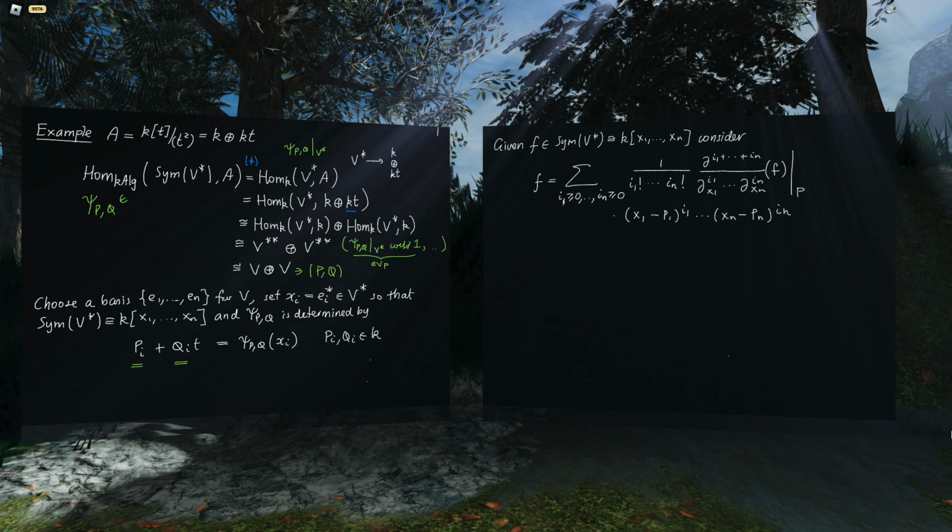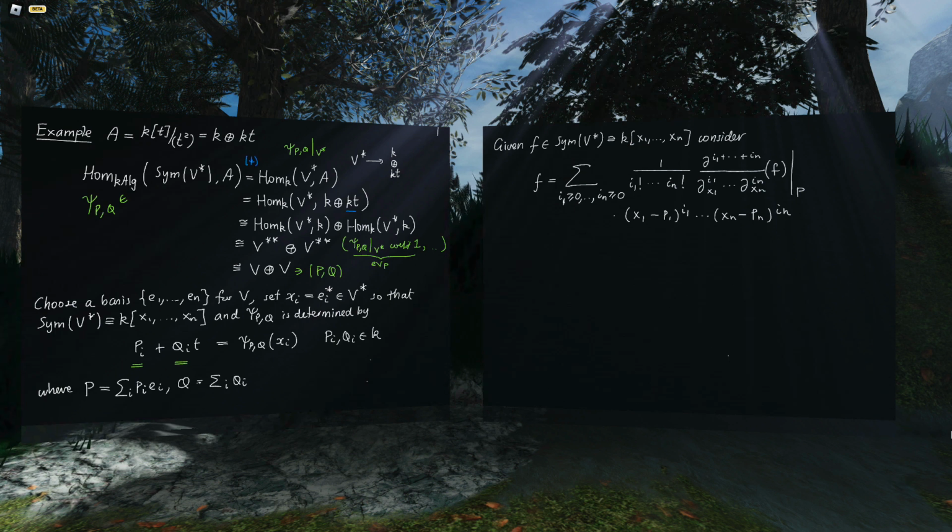It's an observation that if you evaluate psi_PQ, this k-algebra homomorphism corresponding to the pair PQ, at the generator x_i, you get p_i plus q_i t, where these are the expansion of P, the point in V. It has an expansion in the basis, and the coefficients are exactly these numbers that show up here. So if you just follow through this chain of isomorphisms, you'll observe that.